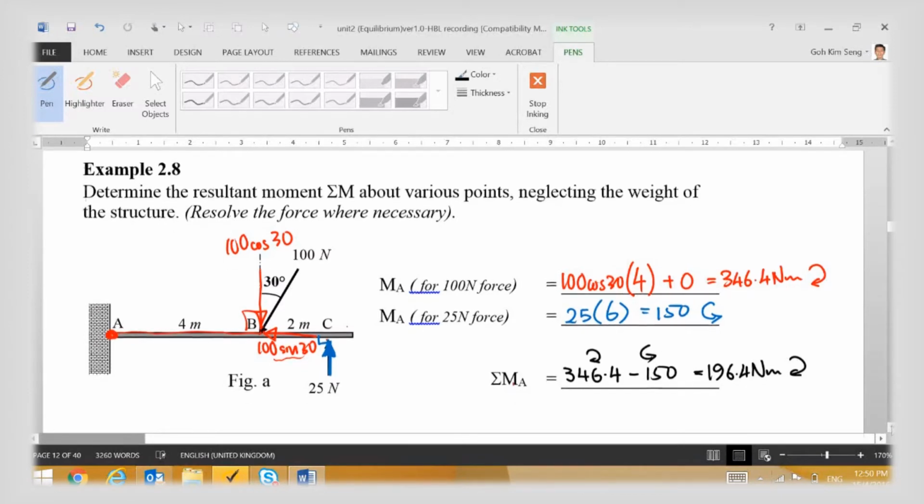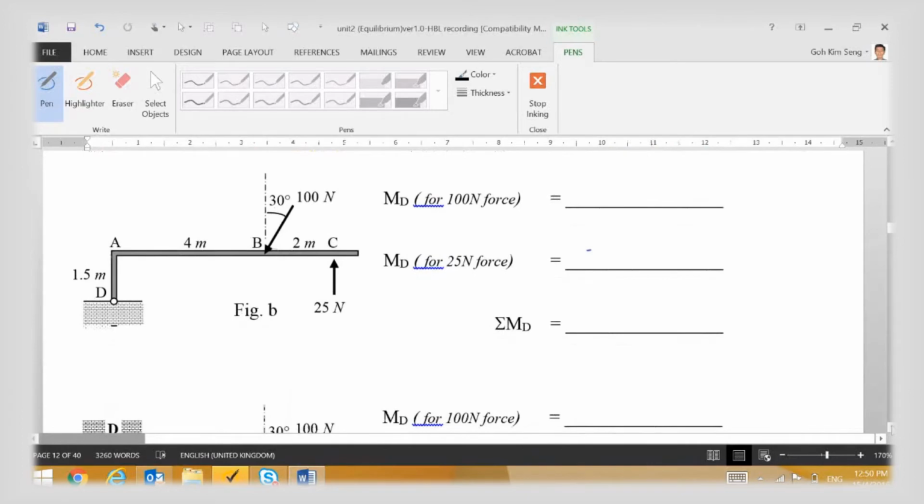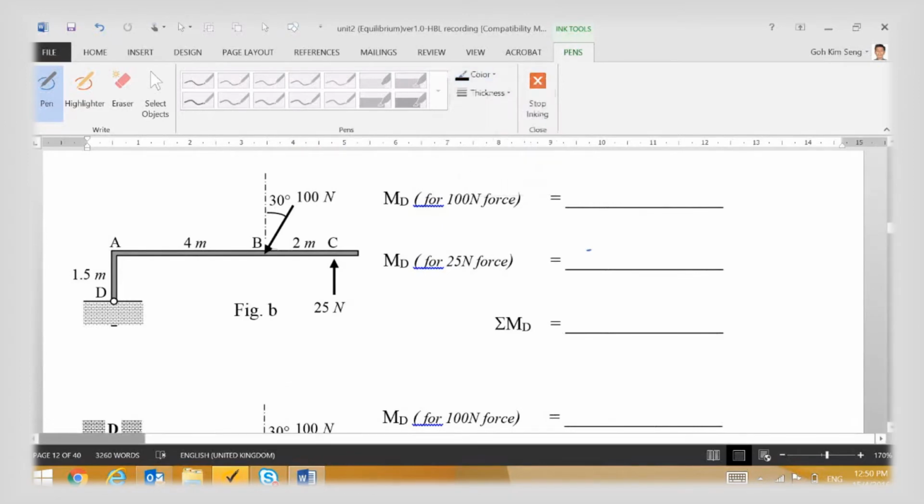Okay, let's move on to the next example. In this example, the point that we are going to look at is below the point A, which is here. As before, we resolve that force into two components: 100 cos 30 and 100 sin 30.